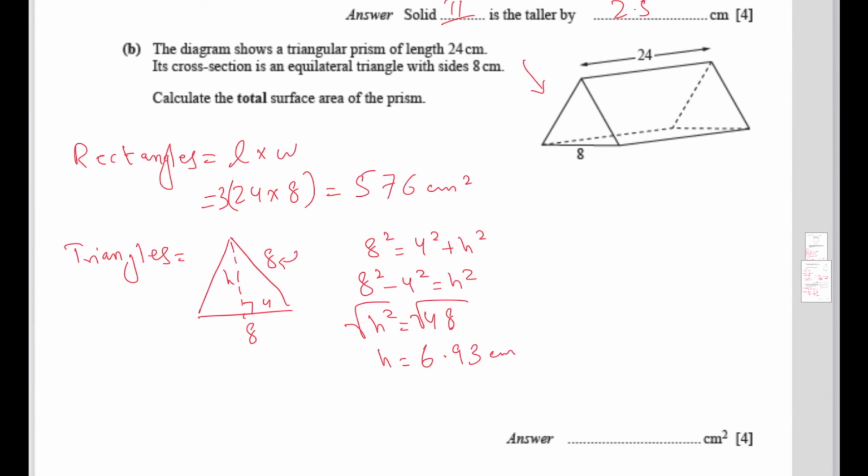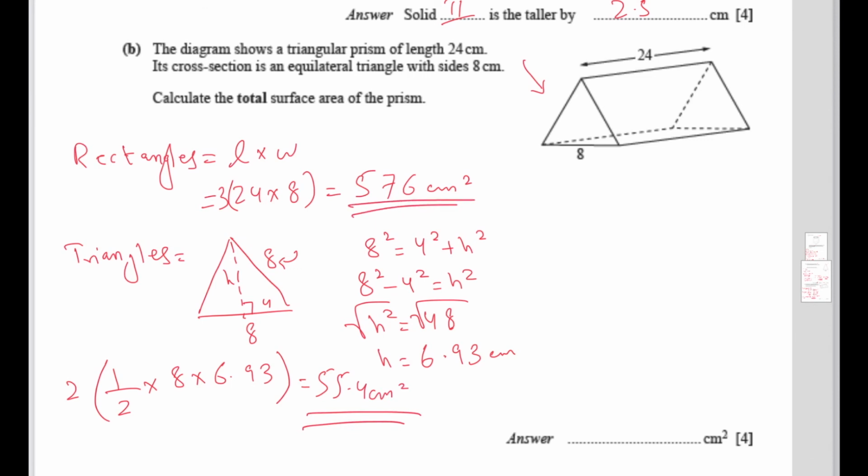Now we find the area. We have half times base, which is 8, times height, which is 6.93, and you multiply this by 2 because there are 2 triangles. Half times 8 times 6.93 gives us 27.7, which times 2 gives us 55.4 centimeters squared for the triangles.